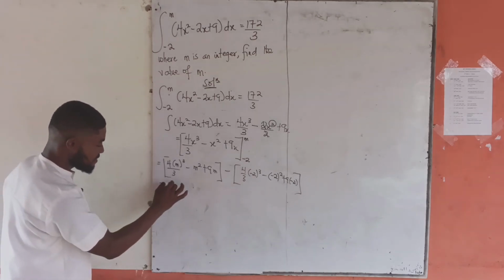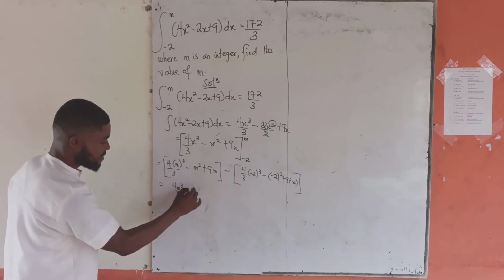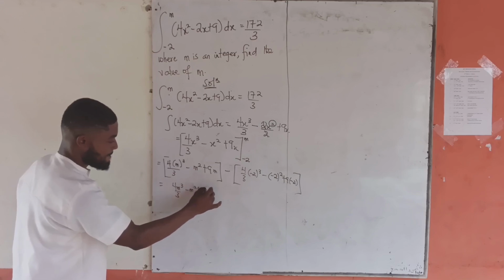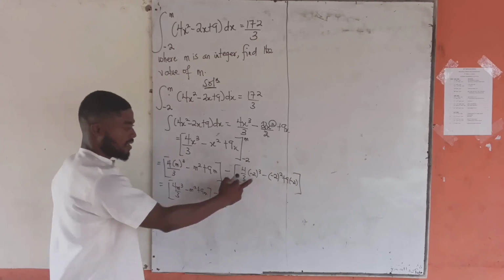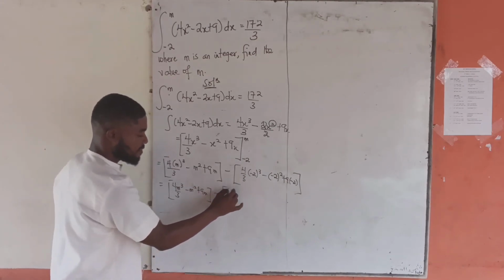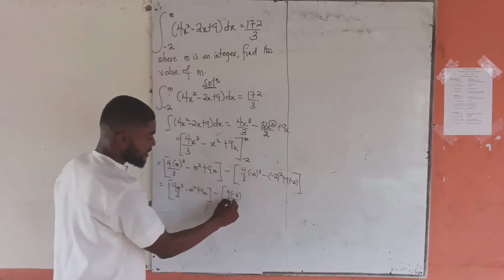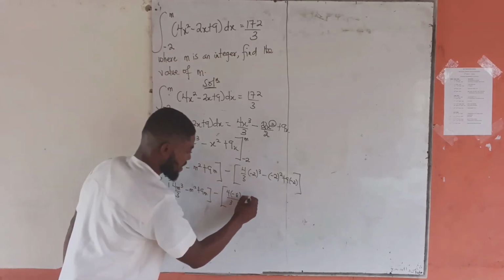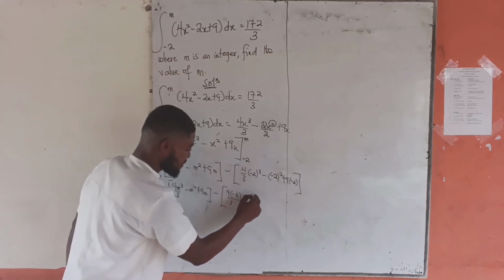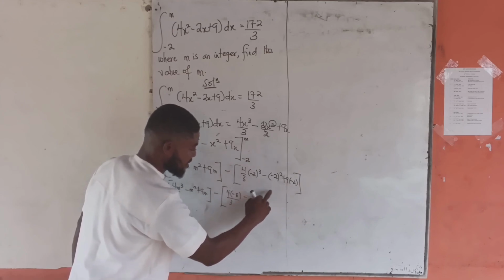The same thing is going to be 4m cubed over 3 minus m squared plus 9m, all minus: this is going to be minus 8 over 3 times 4, minus, this is going to be positive, so positive 4, minus positive 4, all plus minus 9 times 2, which is 18.